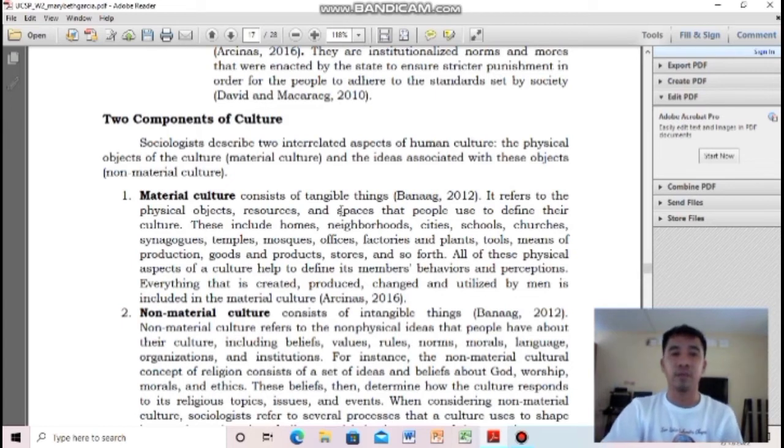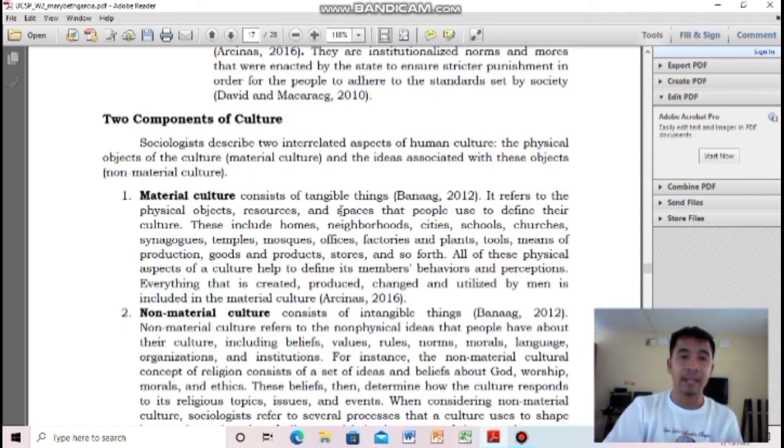So it refers to the physical objects, resources, and spaces that people use to define their culture. Include na ang atong mga balay, ang eskwelahan, simbahan, ingod balay, factory, mga templo, mga products, mga pagkaon, and many other that can be touched or that can be seen.